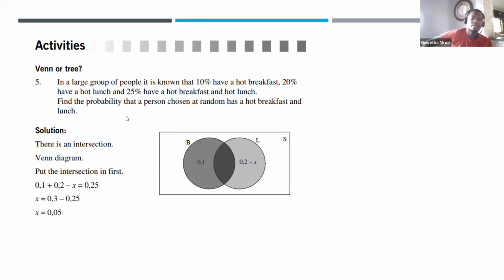Let's look at this activity. Venn diagram or tree diagram? Let's look. What are they saying?